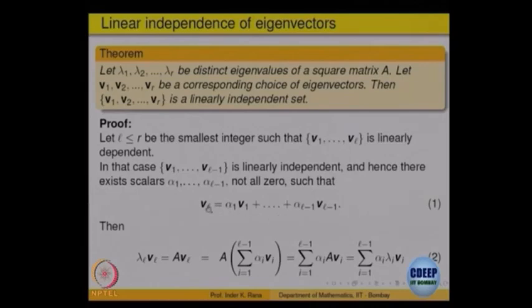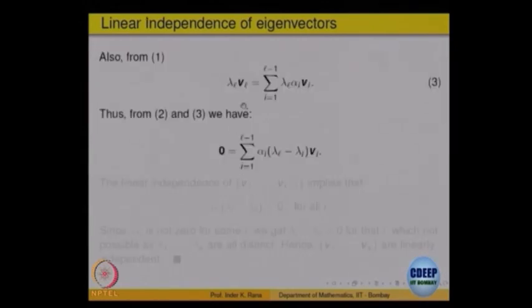From equation 1 I can also multiply both sides by lambda L. What is lambda L V_L? That is alpha 1 lambda L V1 plus ... plus alpha L minus 1 lambda L V_{L-1}. So I can multiply this equation on both sides by lambda L to get another value of lambda L V_L, and these two must be equal.